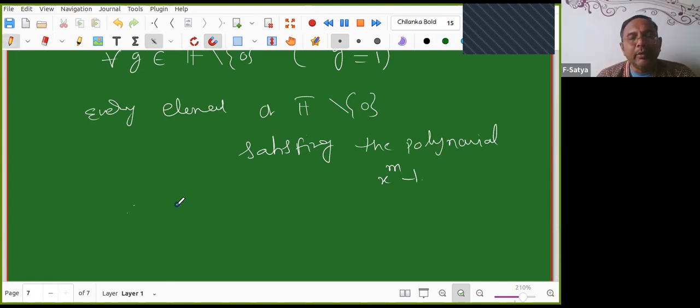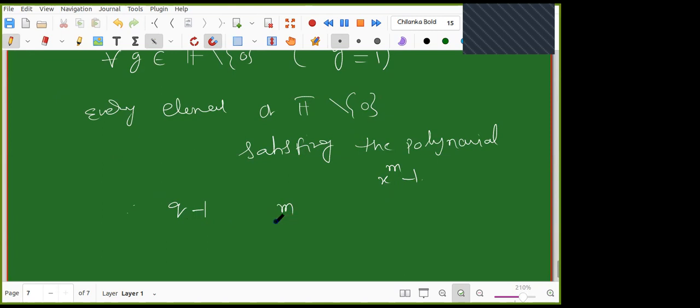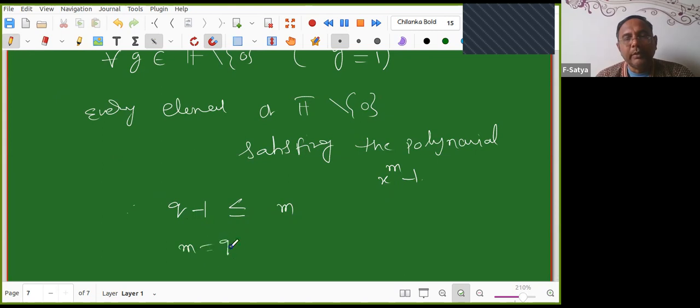So what is the relation between q minus 1 and m now? These are all the roots, and m is the degree of the polynomial. In a field, a polynomial of degree m has at most m roots, but all these q minus 1 are roots now. So what is the relation between q minus 1 and m? Less than or equal, right? So I have m equal to q minus 1.